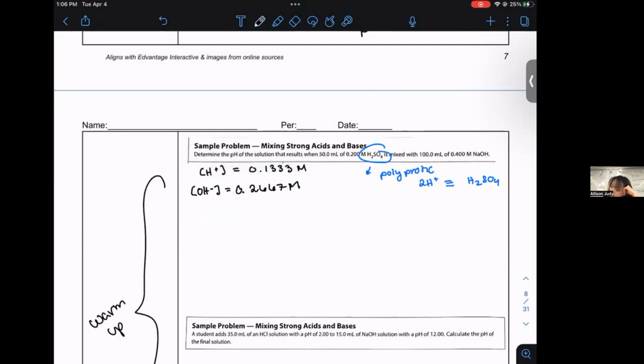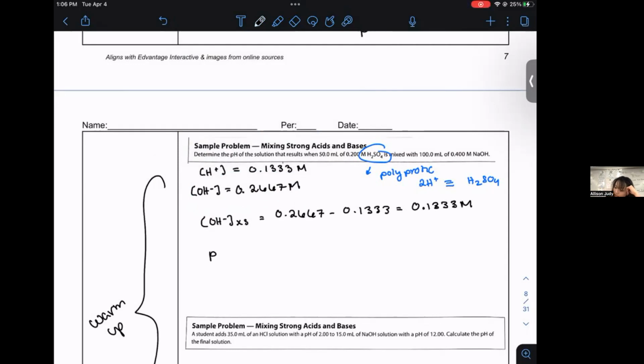And then what you would have seen is that right now you definitely have excess, not hydronium, hydroxide, so base. So you would have gotten that the excess base is 0.2667 minus 0.1333. And that gives you 0.1333 molarity of excess.